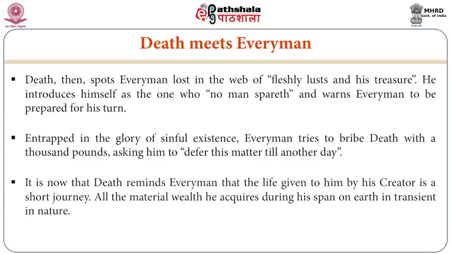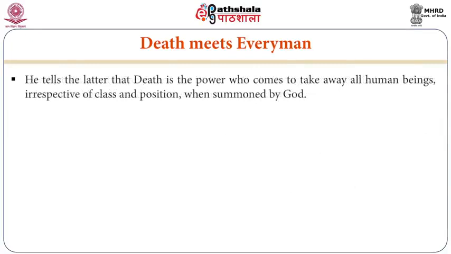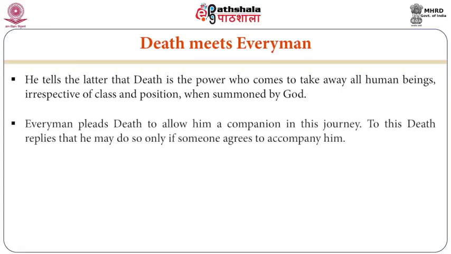It is now that death reminds Everyman that life given to him by his Creator is a short journey. All the material wealth he acquires during his span on earth is transient and it will evaporate in one day. He tells him that death is the power which comes and takes away all human things. Everyman pleads with death to allow him a companion in his journey. To this death replies he may do it only if someone agrees to accompany him.